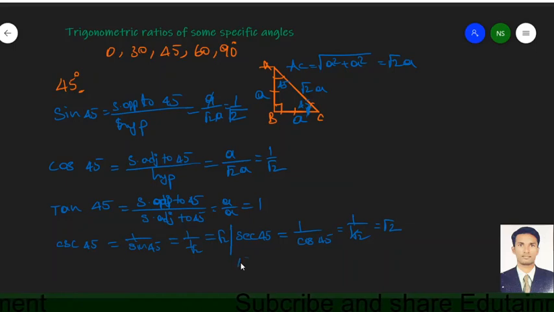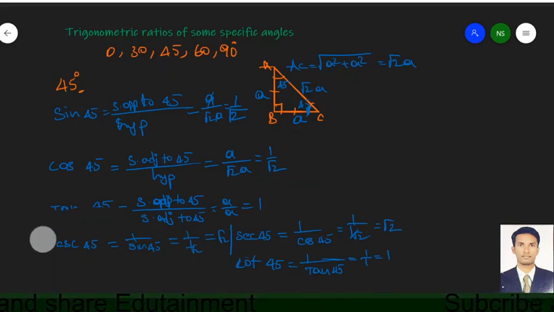Then cotangent 45 is 1 by tan 45, so 1 by 1, which is equal to 1. Like that we can find the trigonometric values for 45 degrees.